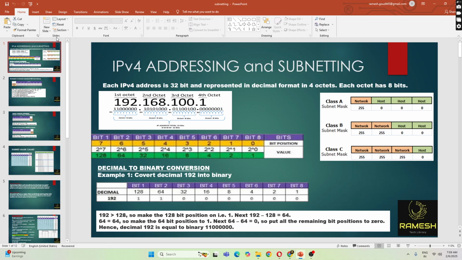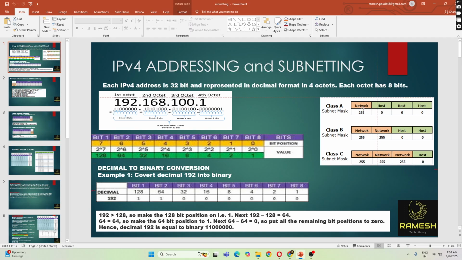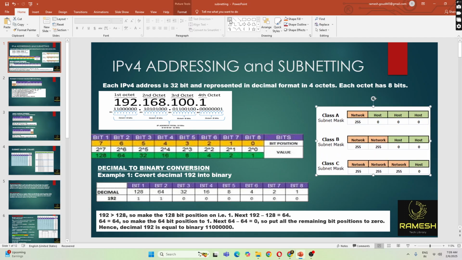So network bits are fixed. Please go on mute. Here you can see the network bits in the first octets, whatever it is, all are like 1111.